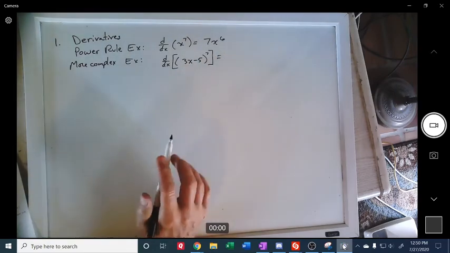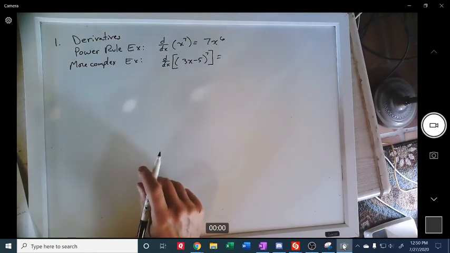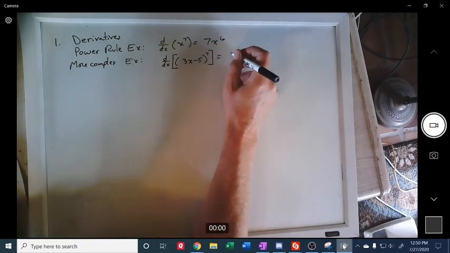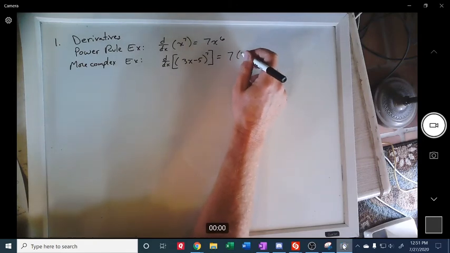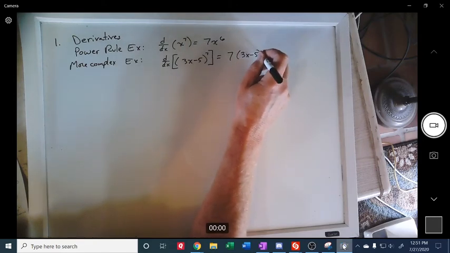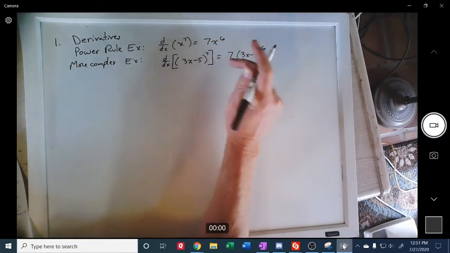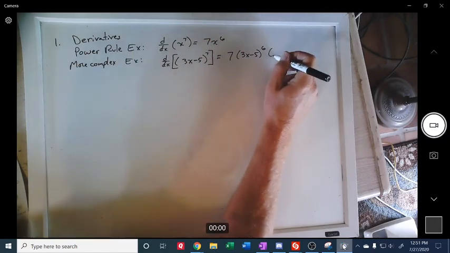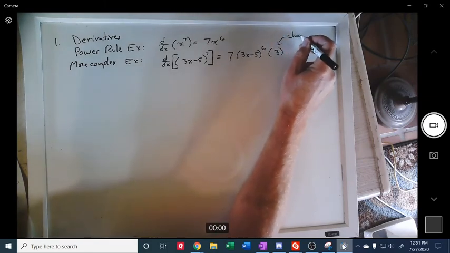So it's a function within the outer function of raising to the 7th power, a function within a function. We can only do this one because we have the chain rule. So 7 times 1 is 7, decrease the exponent by 1, and then multiply by the 3, and that comes in there because of the chain rule.